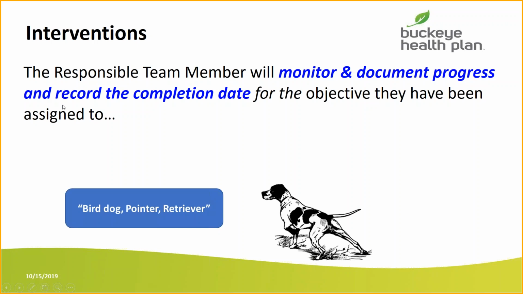And if they do complete the objective, how will you record that on the treatment plan so that the outsiders, that would be me at Buckeye Health Plan, looking in will say, okay, well, this patient has completed this objective on this date. So without the interventionist handling their business, monitoring, documenting progress, documenting non-progress, and recording the completion date, how will the treatment plan ever get this data? How will I know?